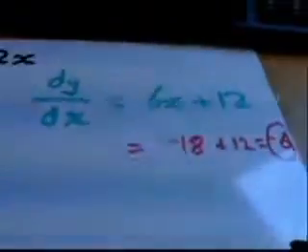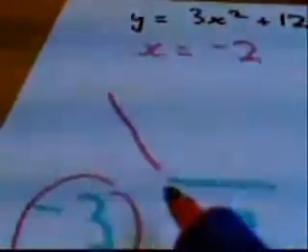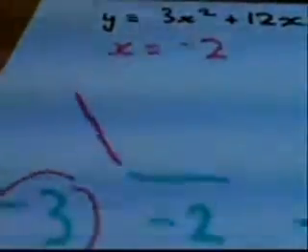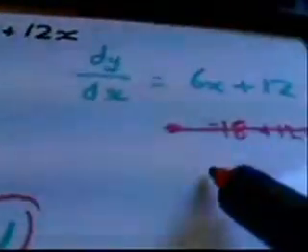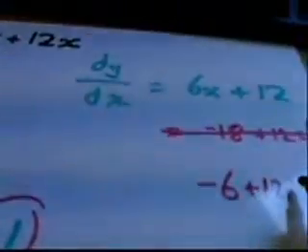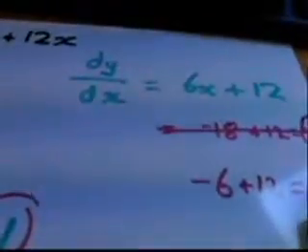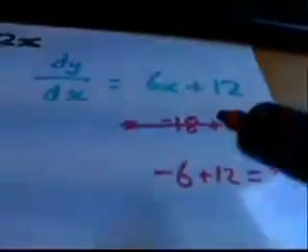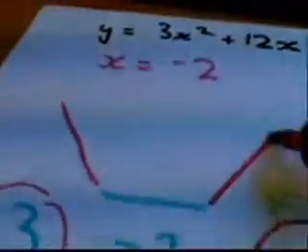The negative part is important. So that means my graph at negative 3 was going downwards, and then it's flatlining. If I now look at the point negative 1, 6 times negative 1 is negative 6, add 12 is positive 6. I've got a positive gradient at negative 1.